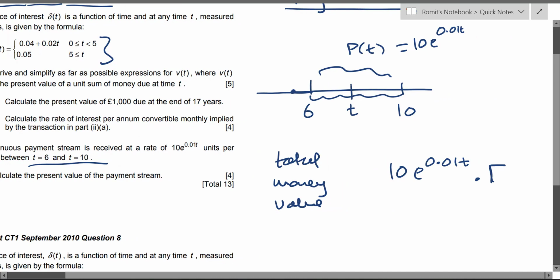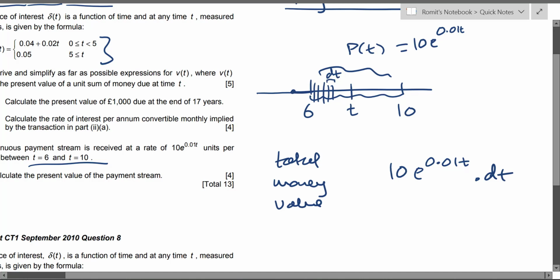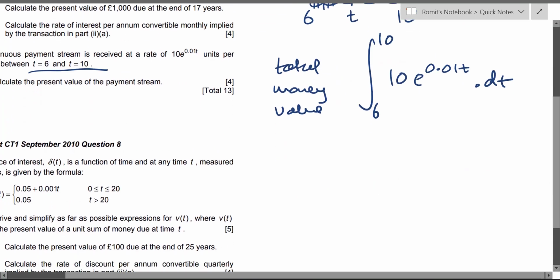I divide this interval into small periods of time dt, such that in any period dt the payment will be 10 e to the power of 0.01t times dt. Then I add this up from time 6 to 10, and this gives me the total value of the payment. It's as simple as that.